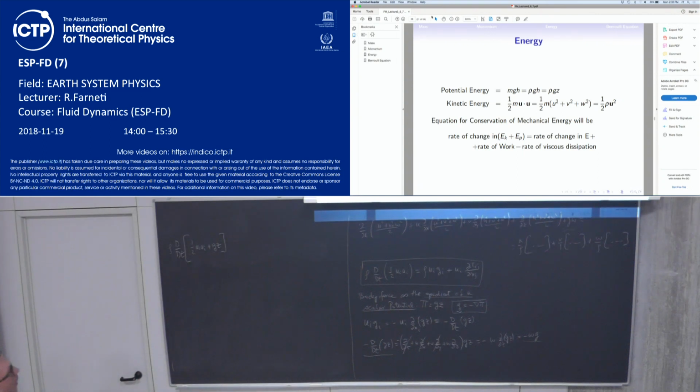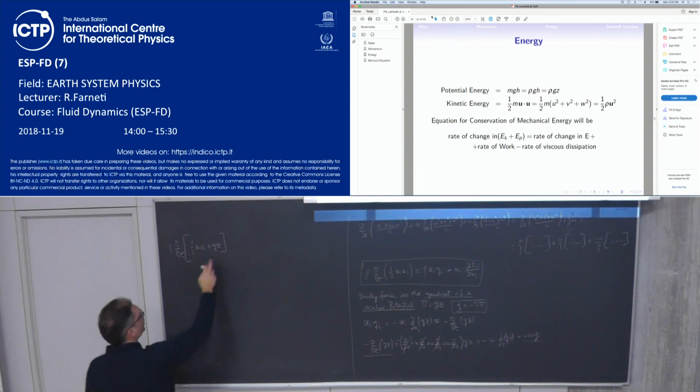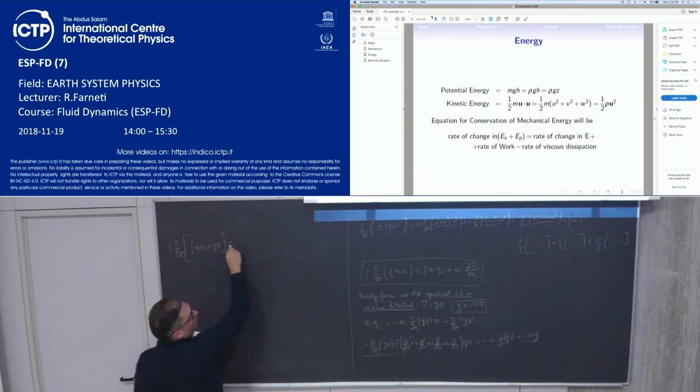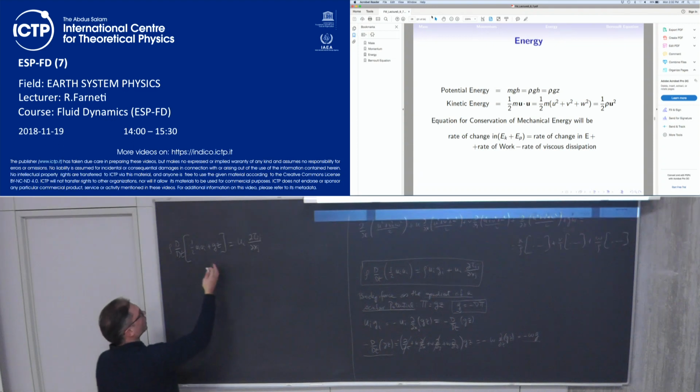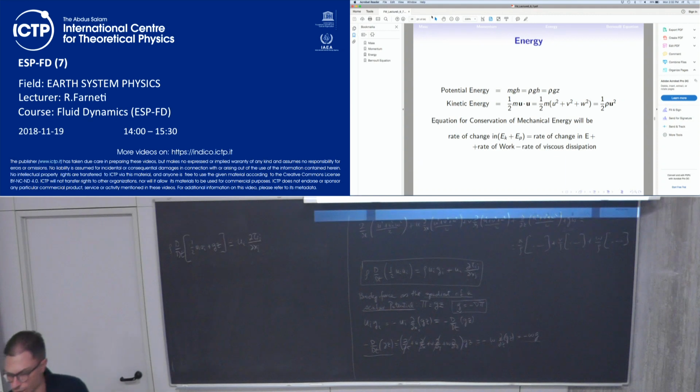So the rate of change of my total energy, which is kinetic energy plus potential energy, is equal to only that term. Now I can express the same thing as the conservation of total energy. So the conservation of mechanical energy, kinetic plus potential, is equal to these stresses that are acting on the element of fluid.